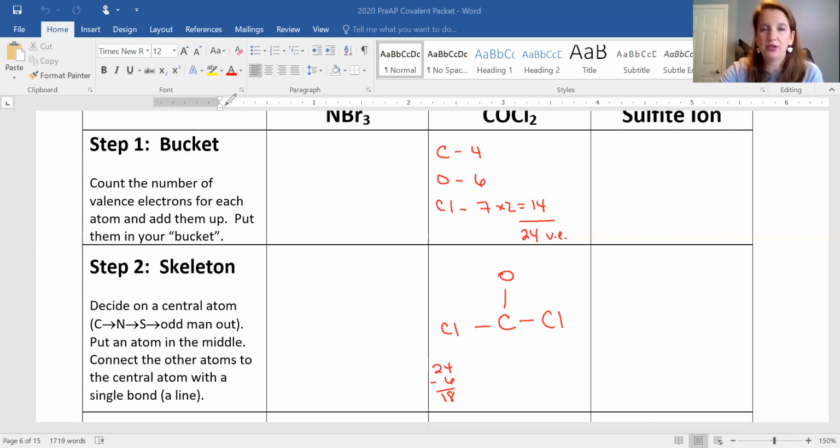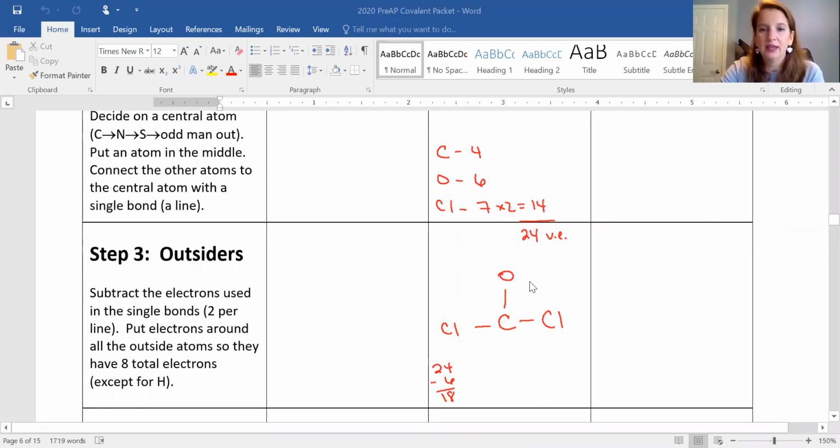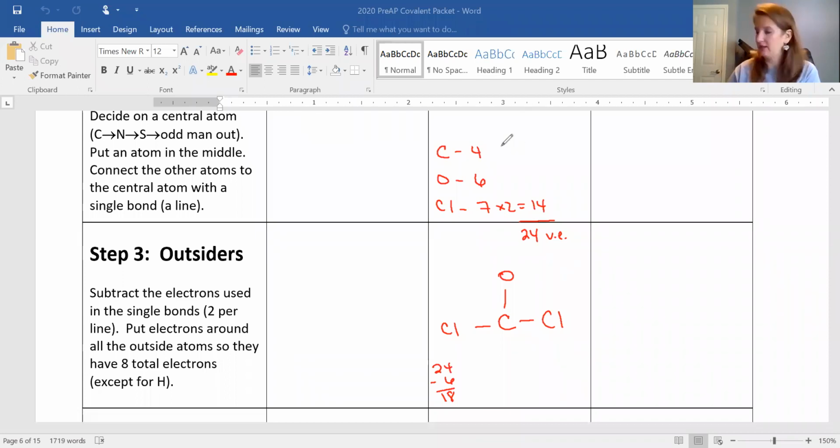So I'm going to scroll down. You're going to redraw this for step 3. Okay. And now in step 3, we are going to put electrons on the outside atoms. So each one needs to get up to 8.